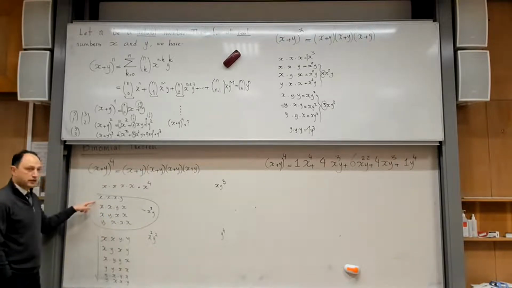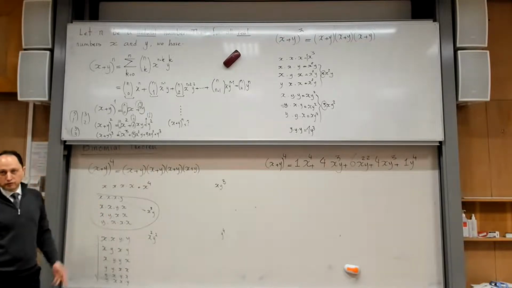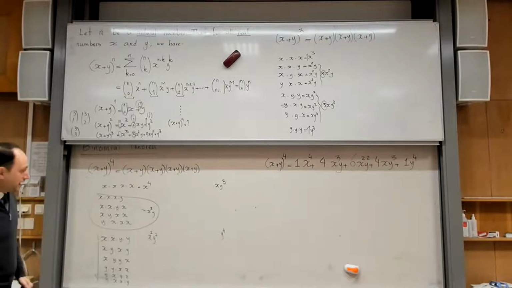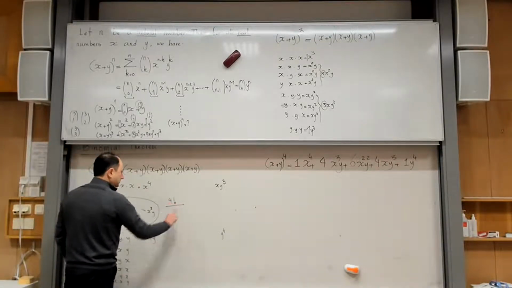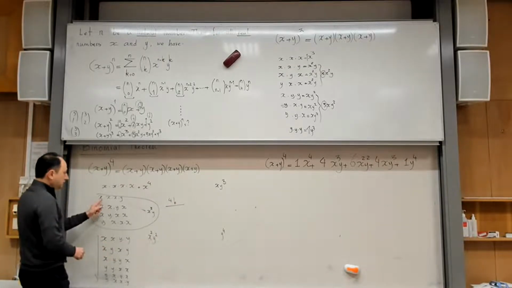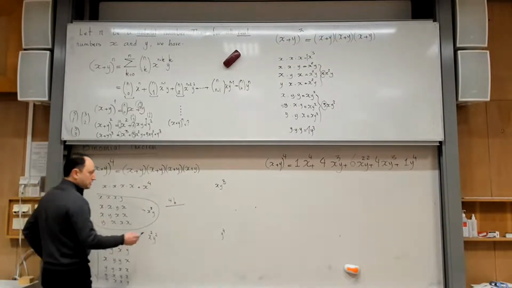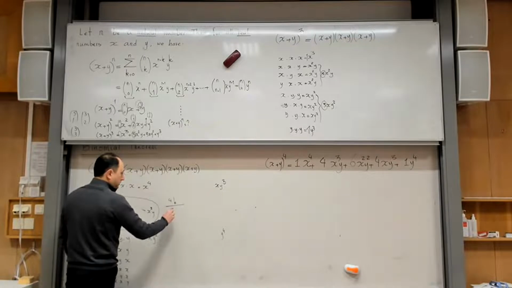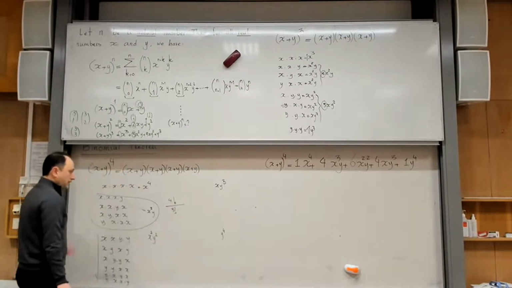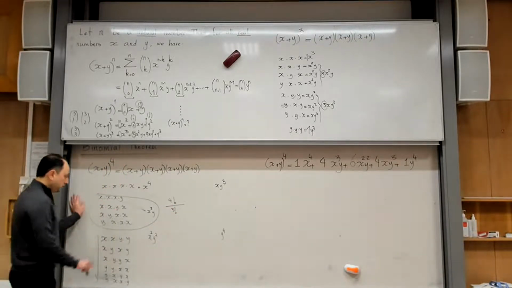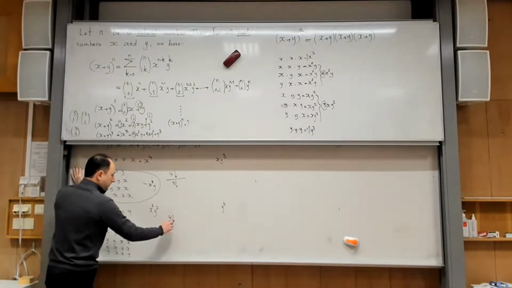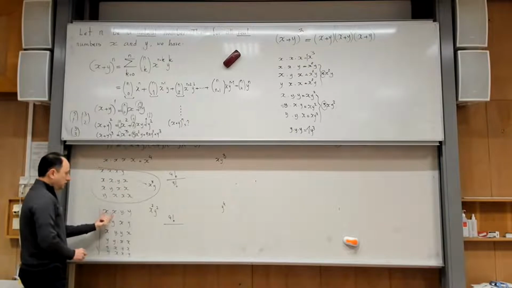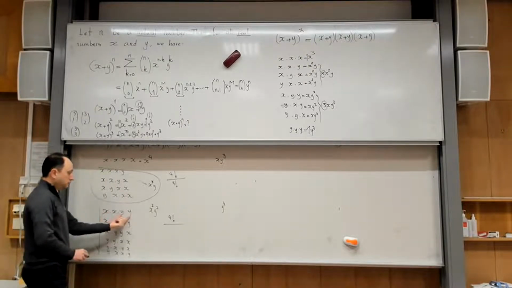If they are all different, then that would be 4 factorial. Yes? But now they are not all different, so this becomes 4 factorial divided by the repetition of x's, which is 3 factorial. That's the answer. For this case, still I have 4 factorial, but 2 of them are x's and 2 of them are y's.